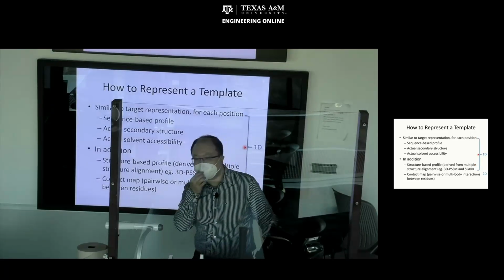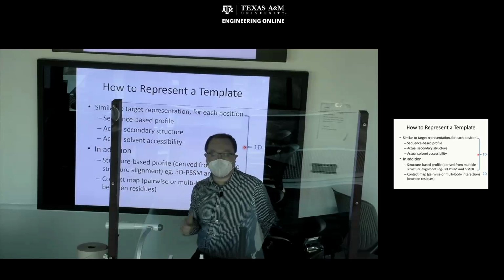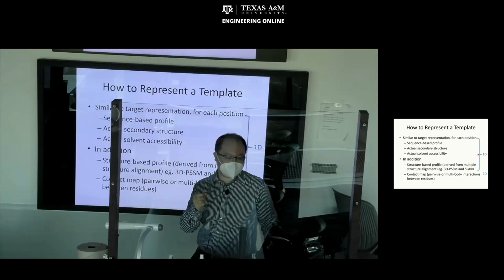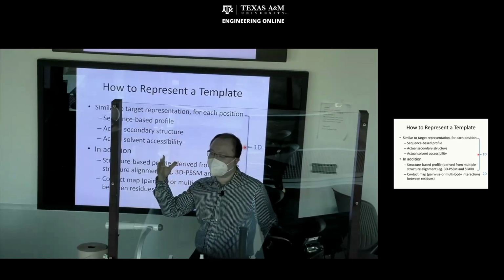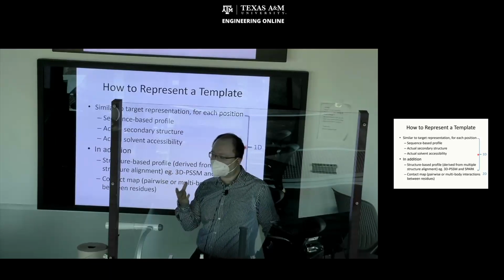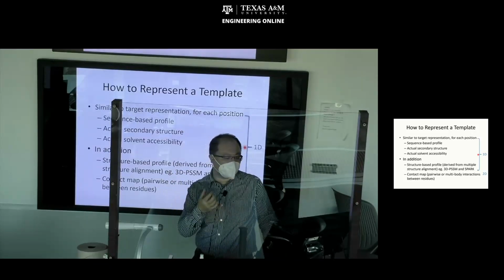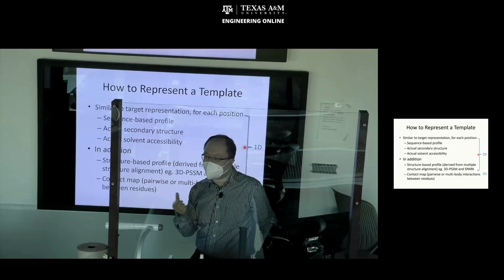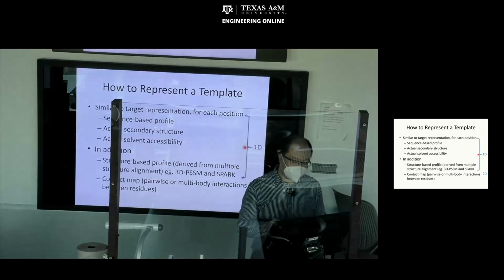But if we forget about this, all these representations here are 1D. By 1D, what do I mean? I mean every position is featurized by different features, okay? So I don't have pairwise features. I only have the features for every position. So in other words, it's 1 dimension for the sequence and 21 dimensions for the profiles. And then if there are 3 classes of secondary structures, that's 3 dimensions for the secondary structure.